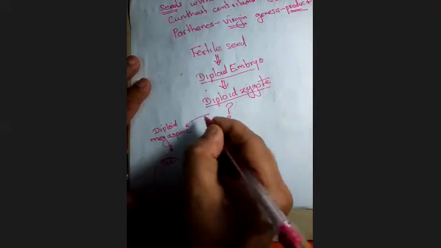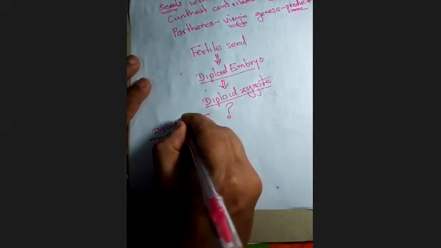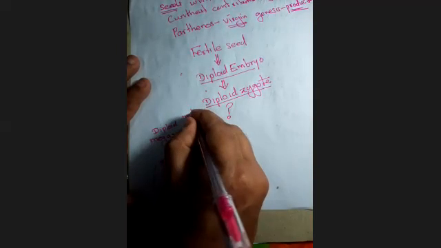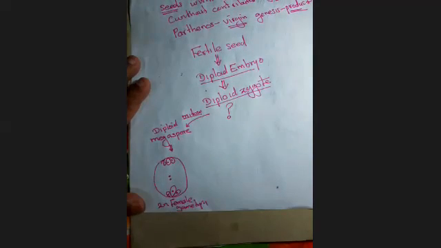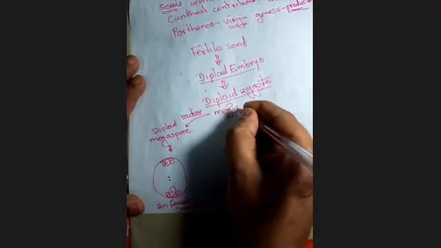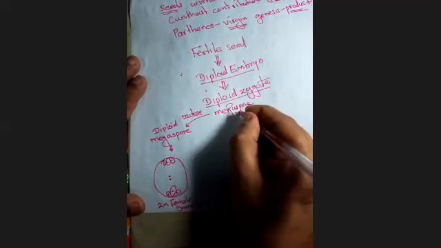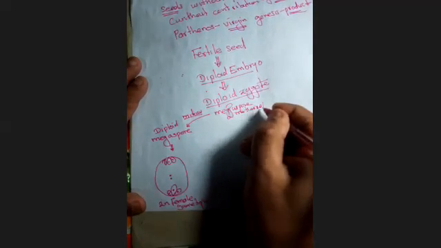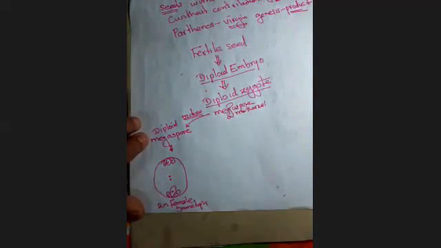What kind of division makes a diploid megaspore? Mitosis, from the megaspore mother cell. Mitotic division makes a diploid megaspore. That diploid megaspore develops into a diploid female gametophyte.